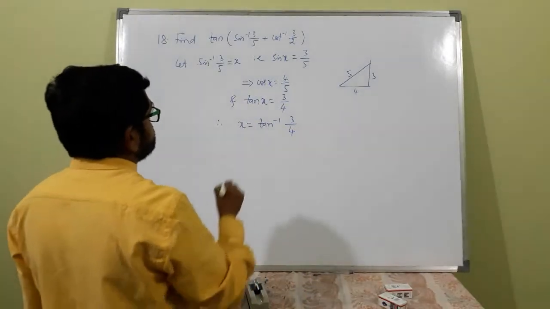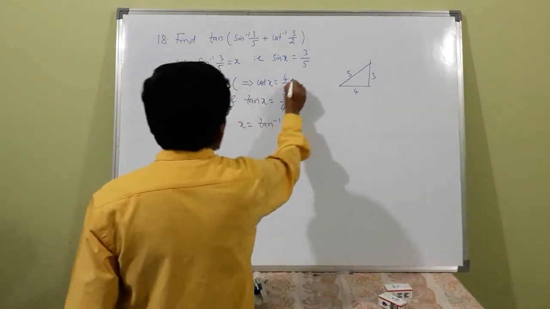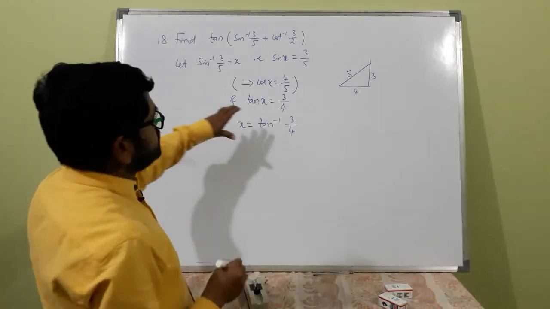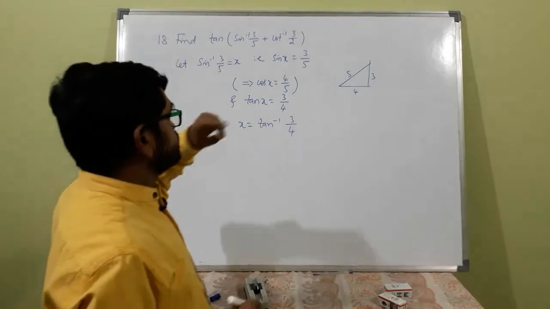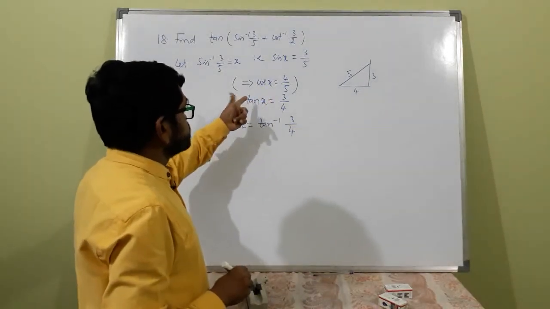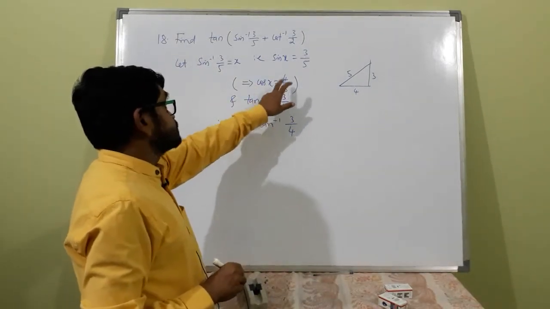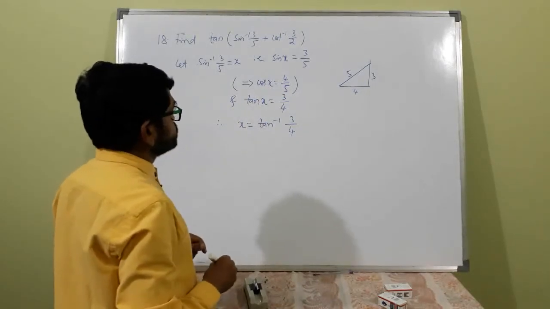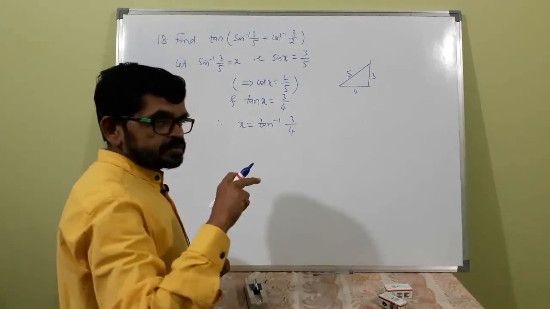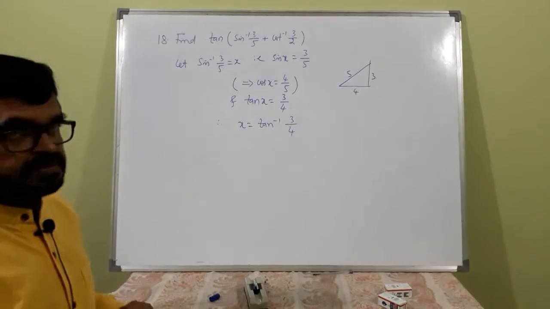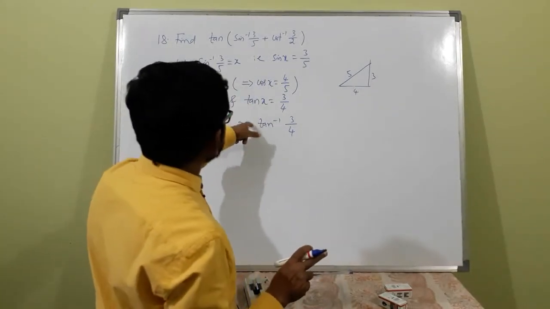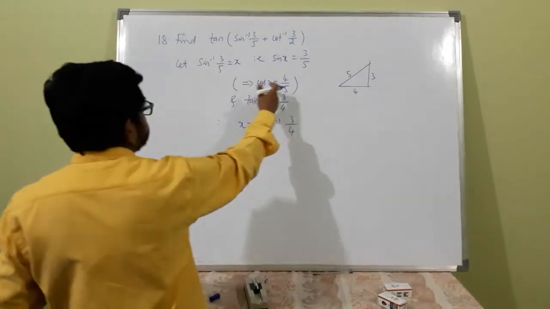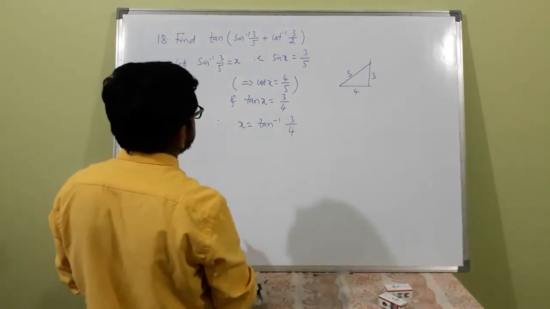See here, you can use this also. Cos x is equal to 4 by 5 means secant x will be 5 by 4. So tan x is equal to under root of secant squared x minus 1. But this will be straightforward. You need not find cos x at all. Directly you can find this.